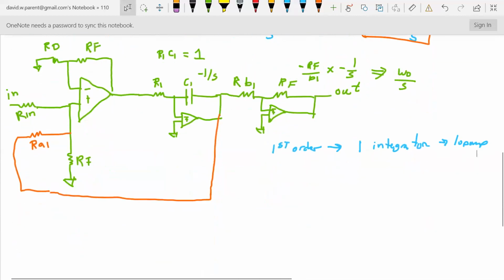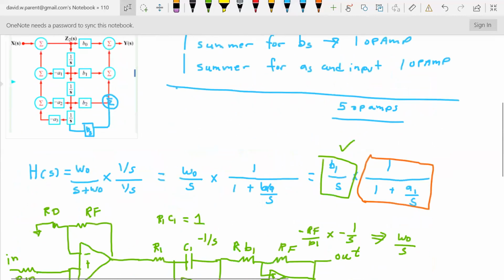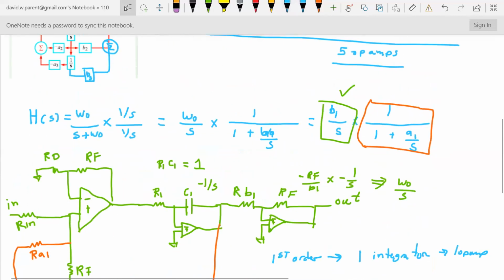Now, one summer for the Bs. Well, we weren't summing anything else, but because this was coming out inverting, we had to add an op-amp to set the gain right.